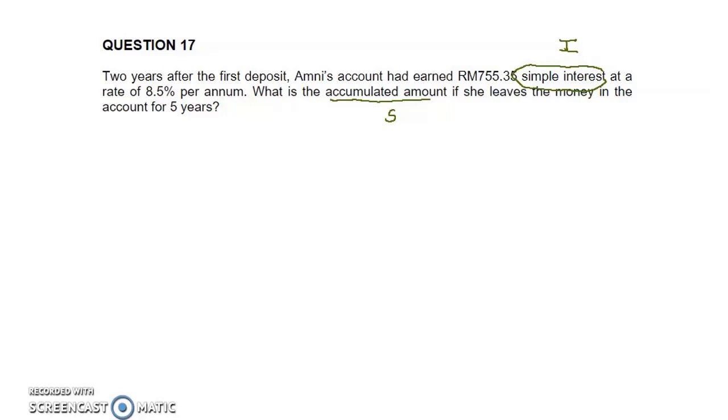So to ease you, you can draw a line and then put the values at the correct place. Okay, we know that here must be P, rate is 8.5%, 0.085. And then here must be value S, so we want to know value S. Okay, so we know that 2 years after the first deposit, let's say here is 2 years, and amount of interest earned is 755.35.